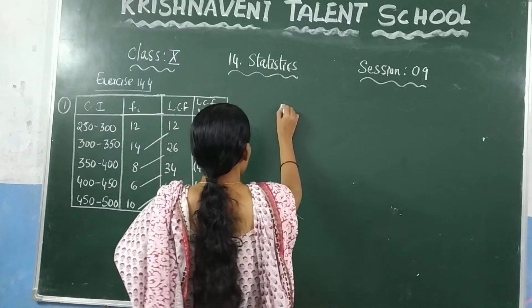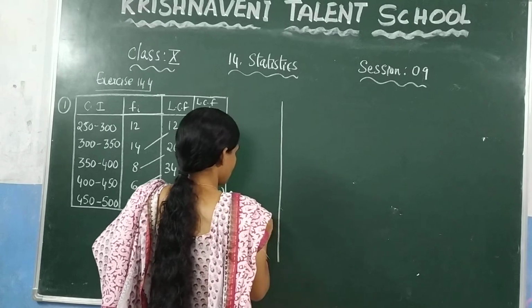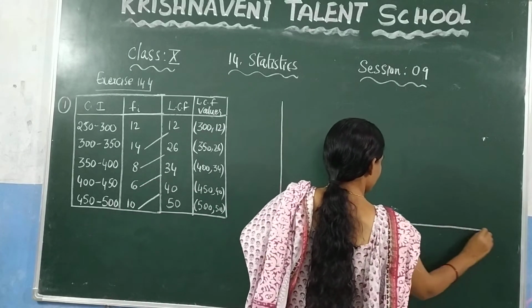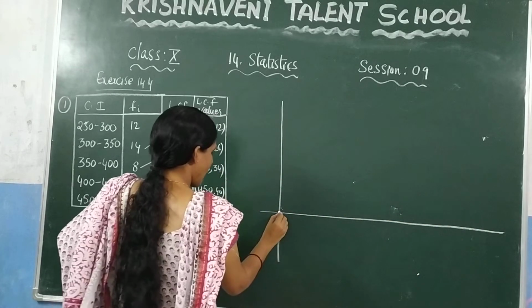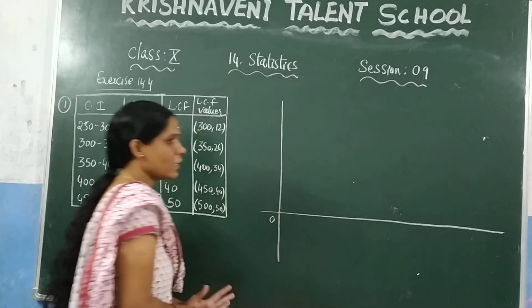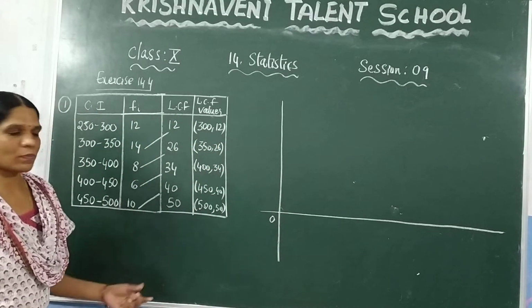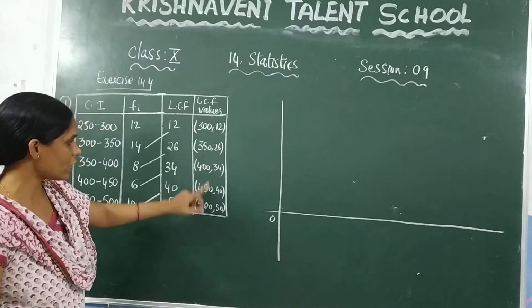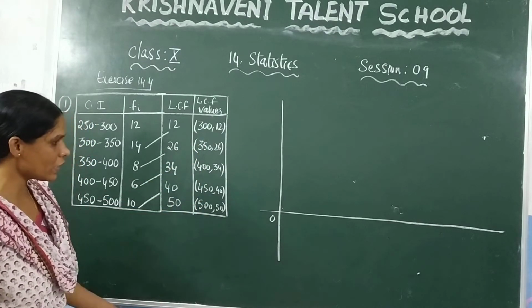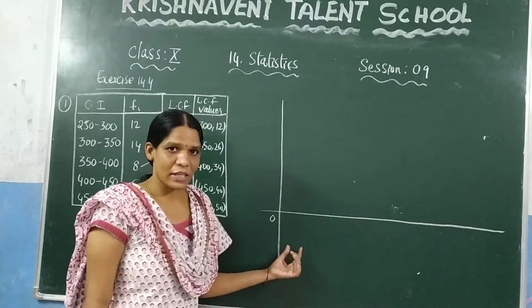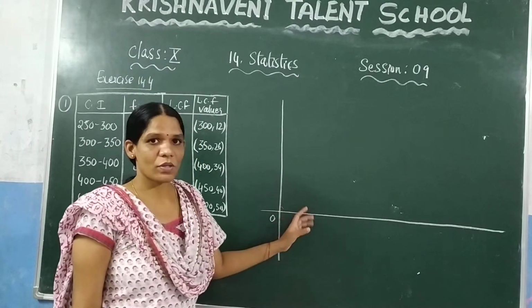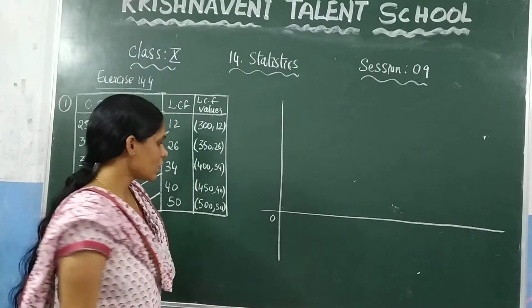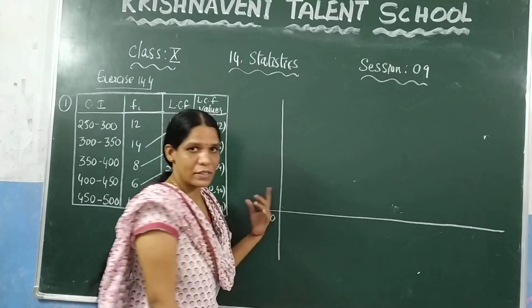So draw it here. Check the x-axis coordinates here, which are 300, 350, 400, 450, 500. So here you can take each centimeter as 50 units, or let us take 100. Anything you can take.